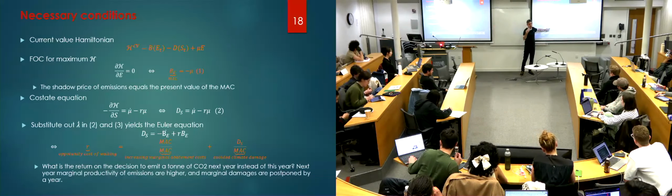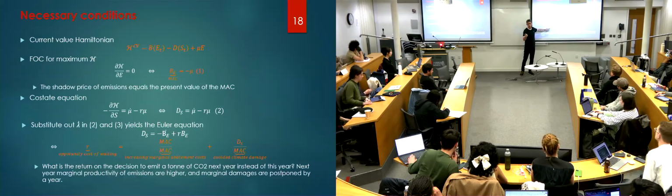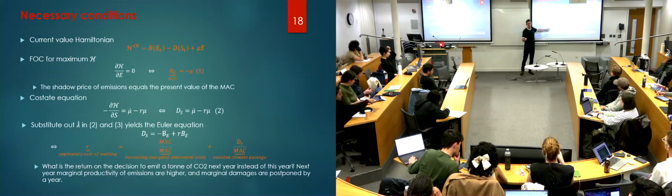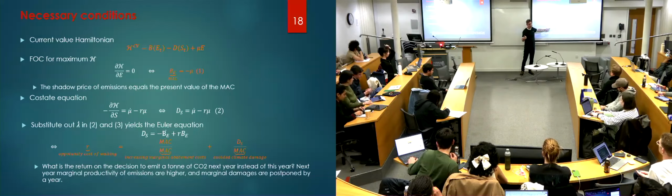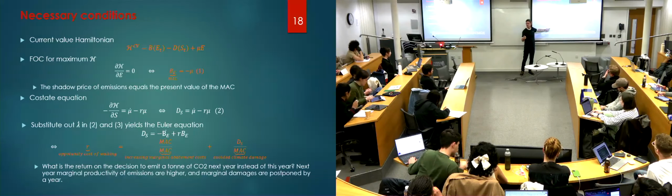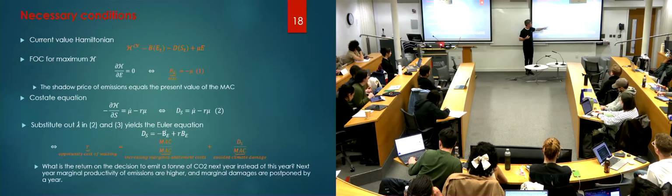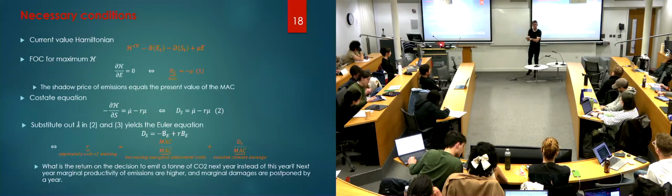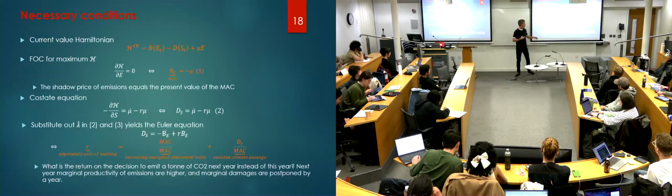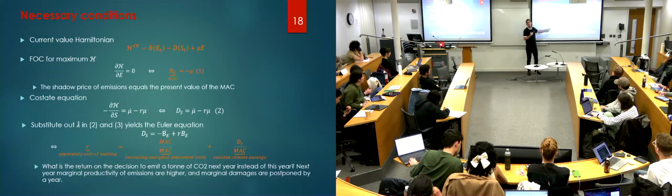With this 1 ton less emitted, I'm going to put money on the bank account, and that will get my return R, the discount rate. Now, what is my cost? This would be my return if I postpone, or it's what it costs me to bring emissions forward.